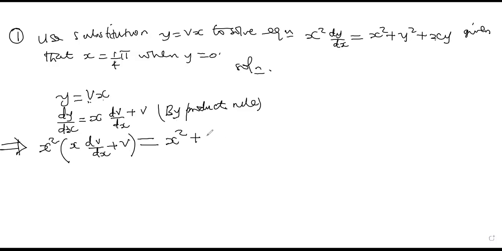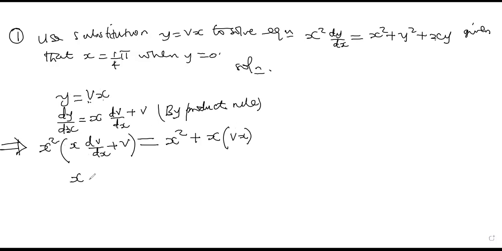So I write x, then instead of writing y, I write vx. Implying that here you can divide through by x squared.